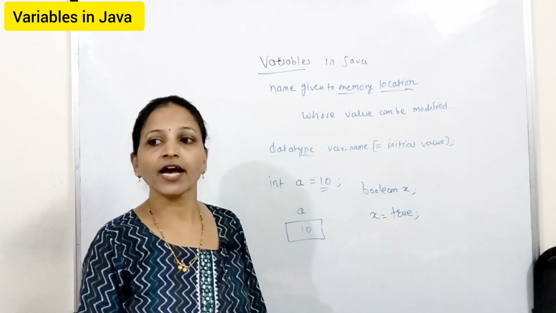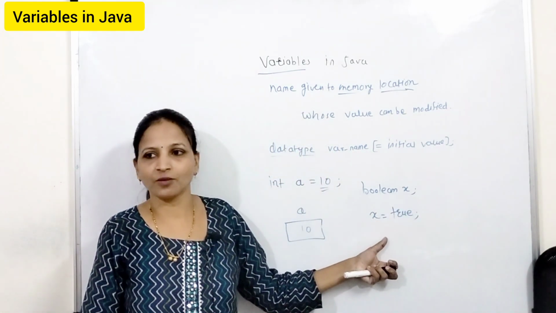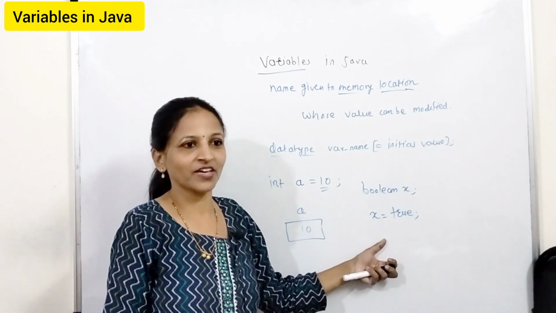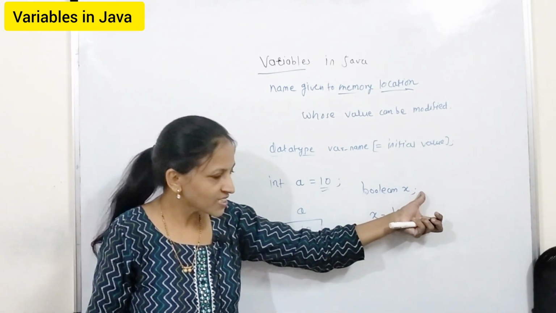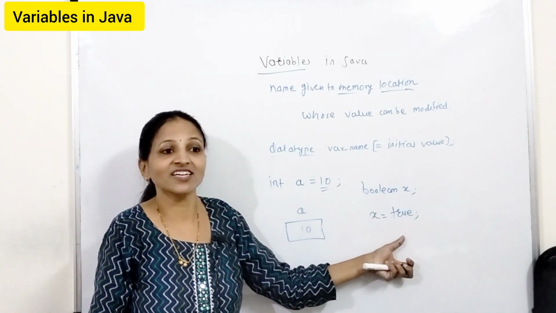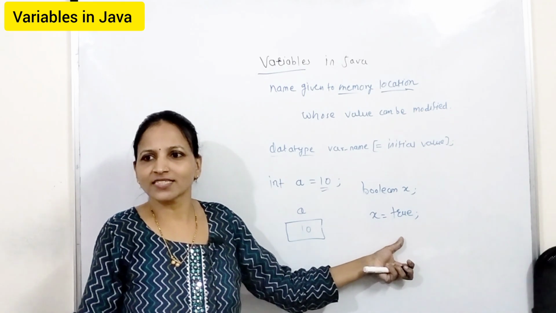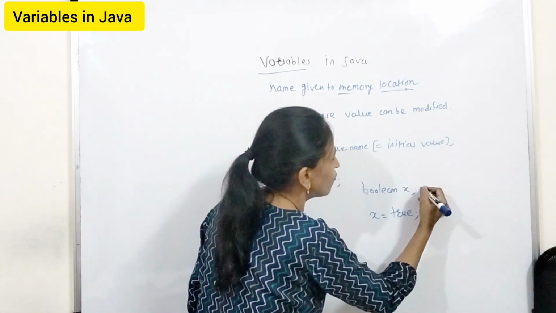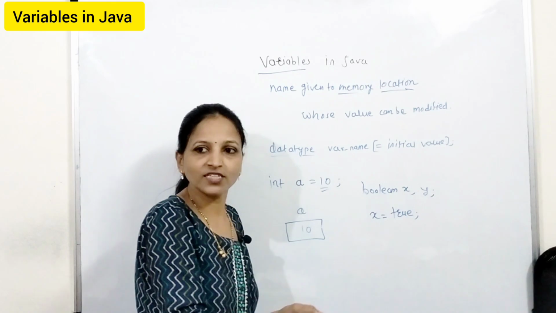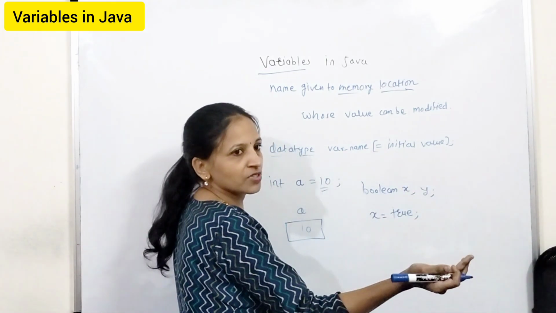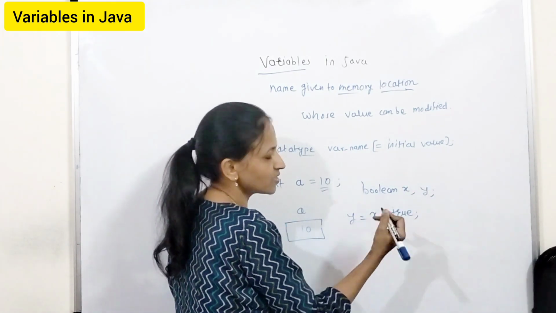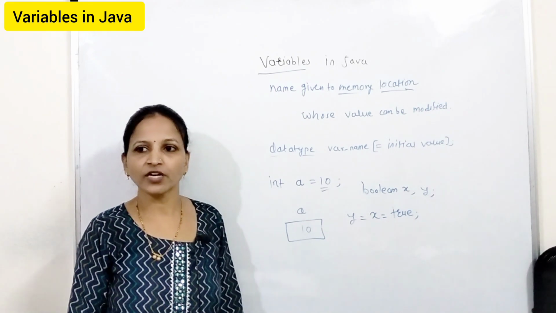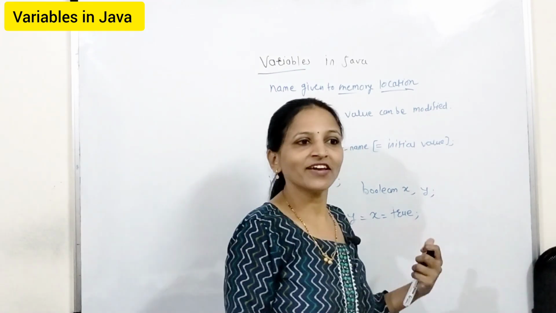In this way you can assign a value to a variable. You can initialize it, or after declaration you can assign it using the assignment operator. Let y be there again, and you want to assign true to x and y both, then you can write y equal to x equal to true. That is again fine. In this way you can give a value to a variable.